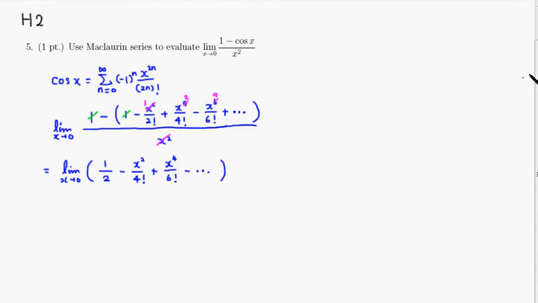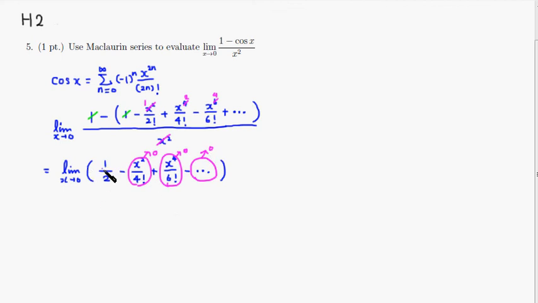Then we know that x is approaching 0, so this term, 0 squared over 4 factorial, is approaching 0, and all these other terms are also approaching 0.